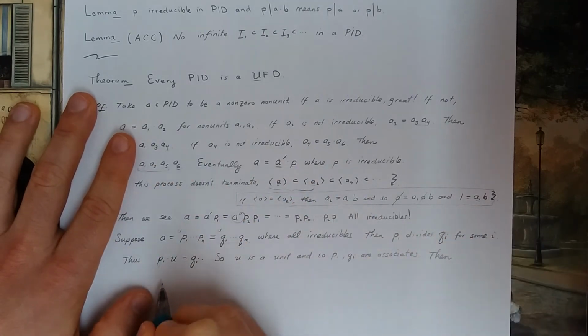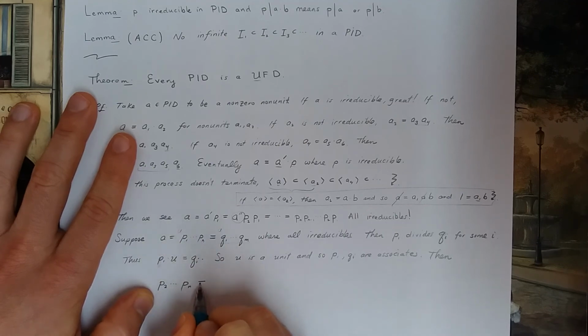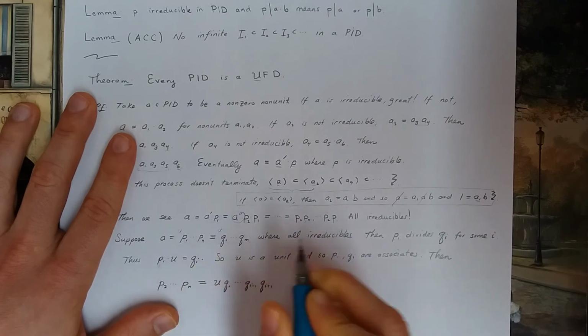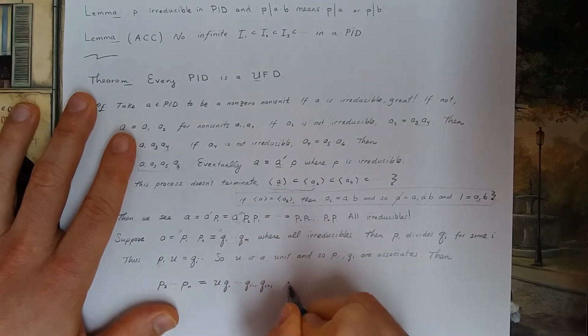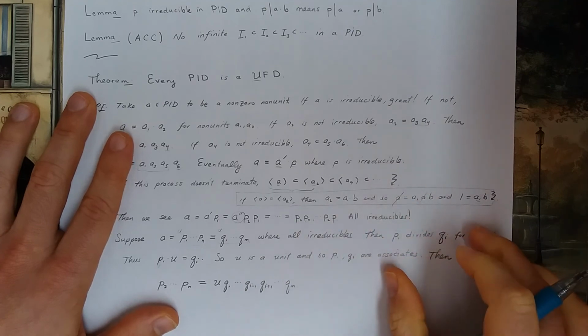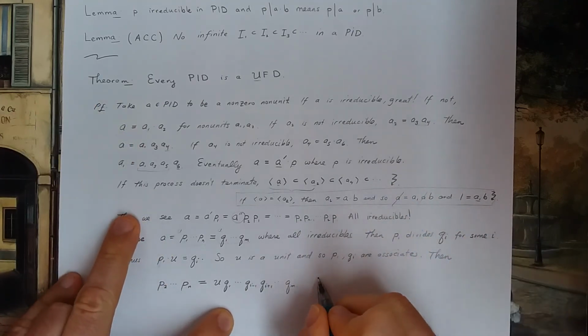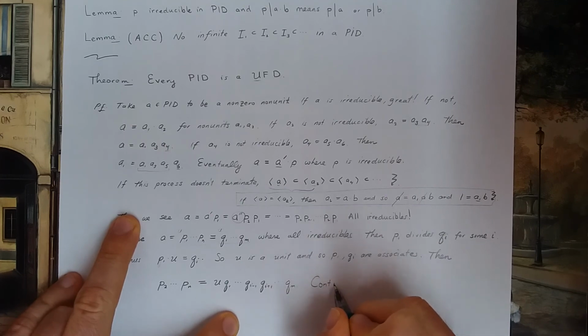and we get that P2 through Pn is equal to U Q1, up to Qi minus 1, Qi plus 1, because there's no Qi term, I canceled that out, up to Qm. Then you just repeat this process and continue inductively.